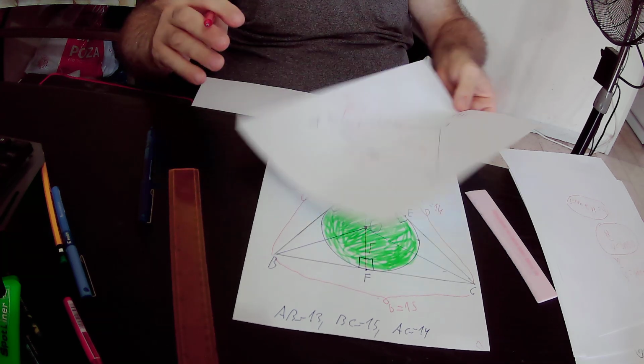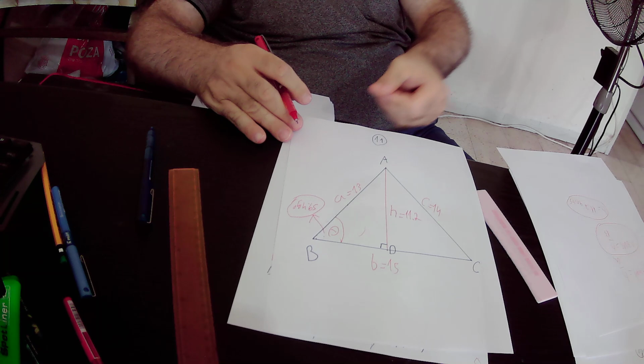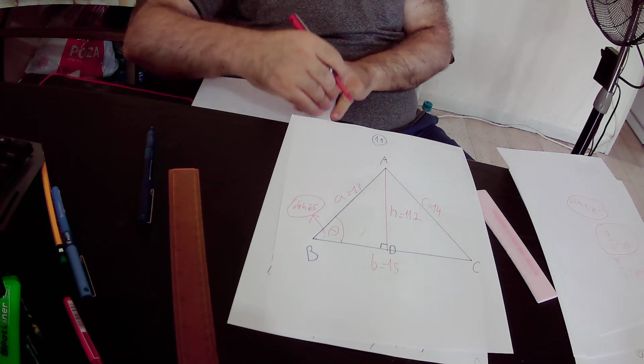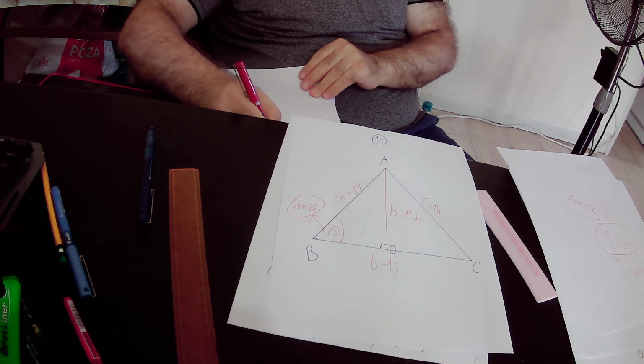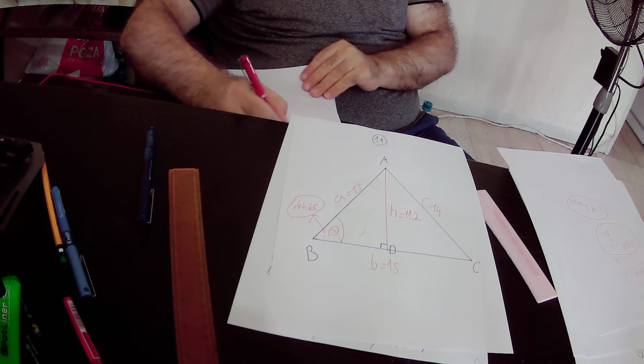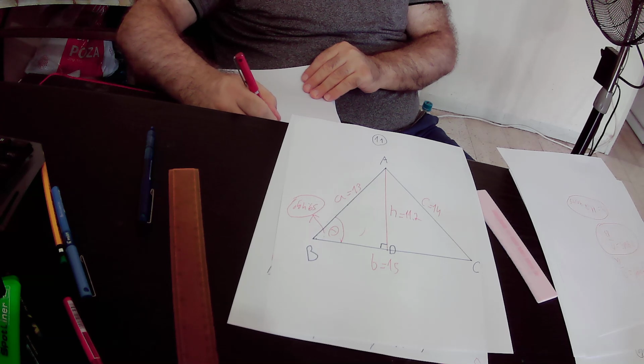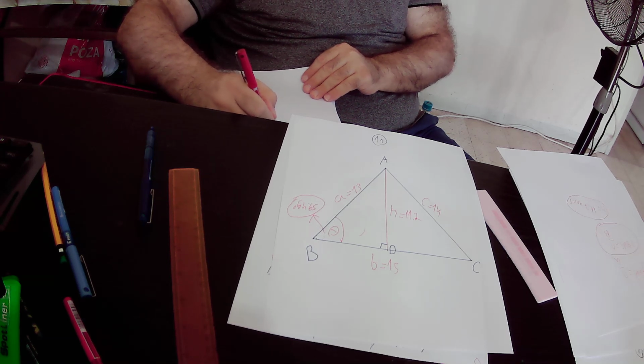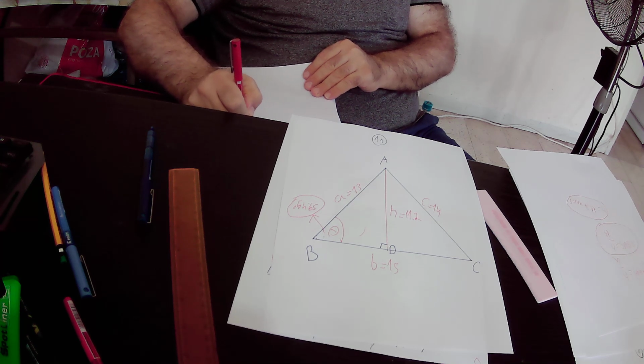Now we can easily find the area of triangle ABC. The area of any triangle equals the base of the triangle times the height to the base, over 2.